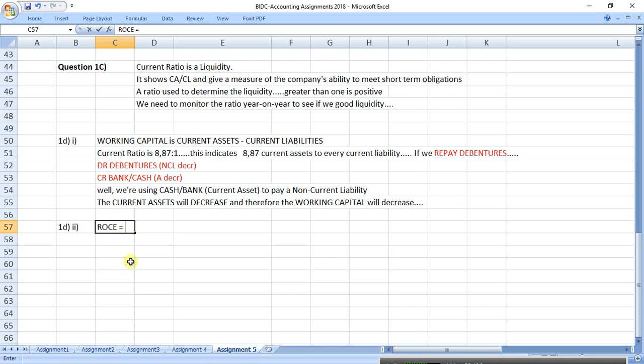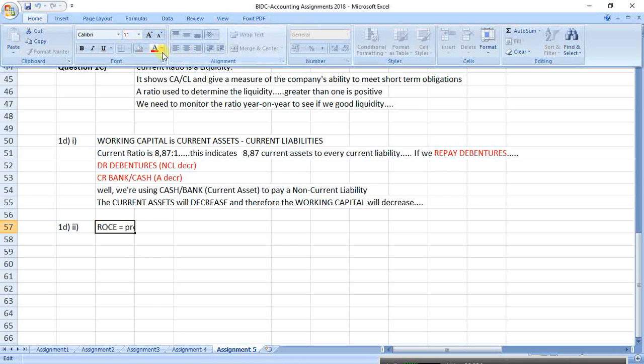Okay, we need to write that down. So ROCE equals profit before interest and tax divided by capital employed.